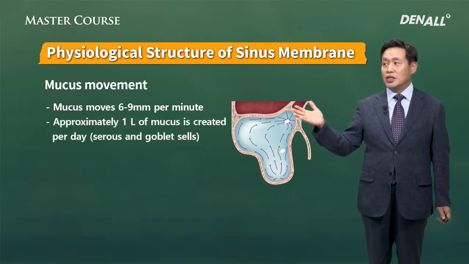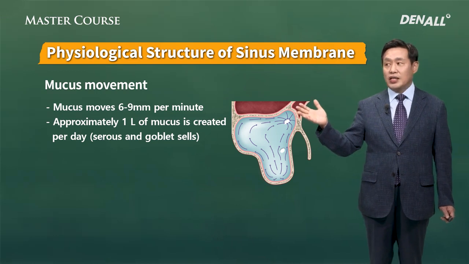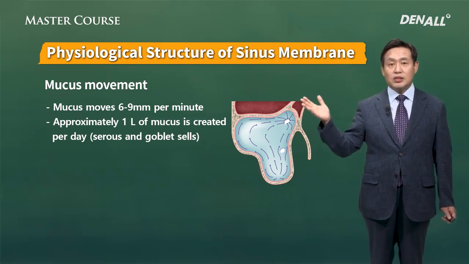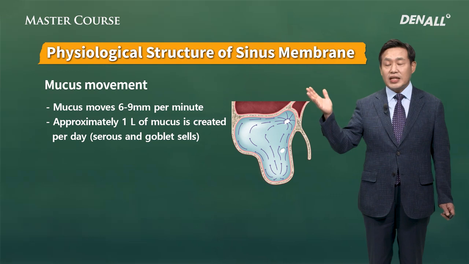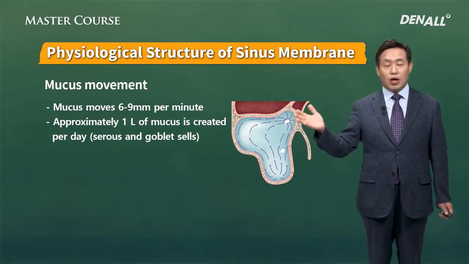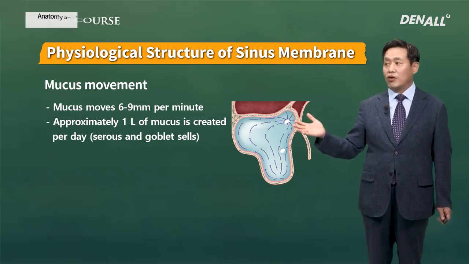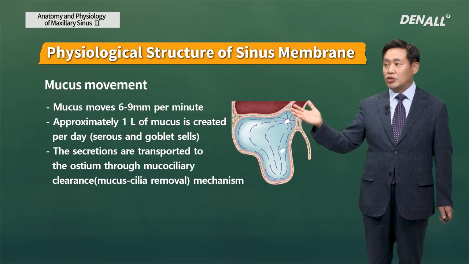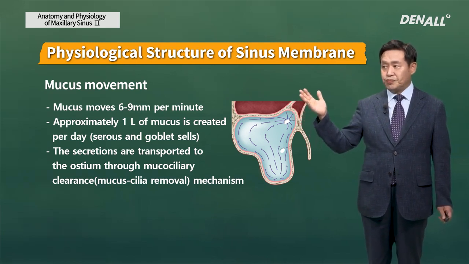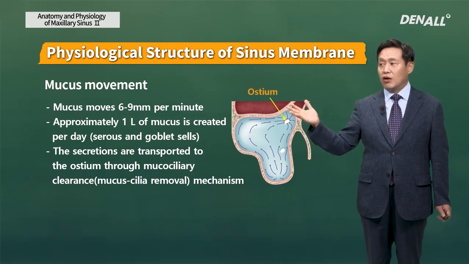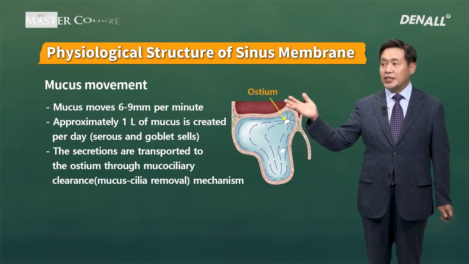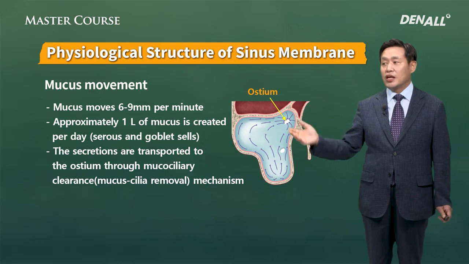Approximately 1 liter of mucus, which is much more than we think, is secreted per day. The secretions are, as I talked about in the previous lecture, transported to the ostium through the mucociliary clearance mechanism.